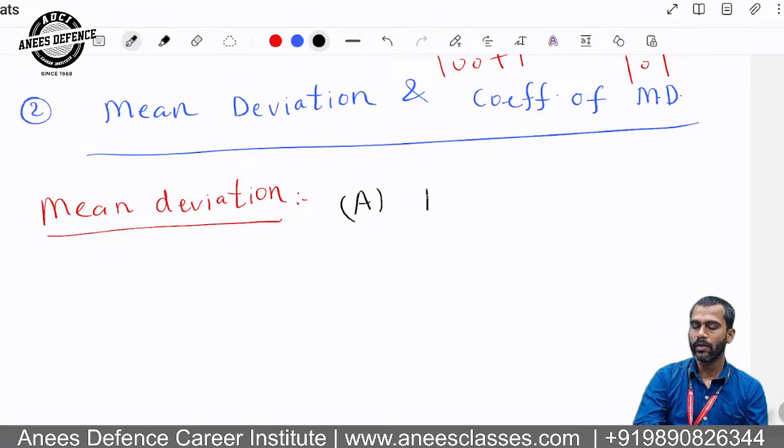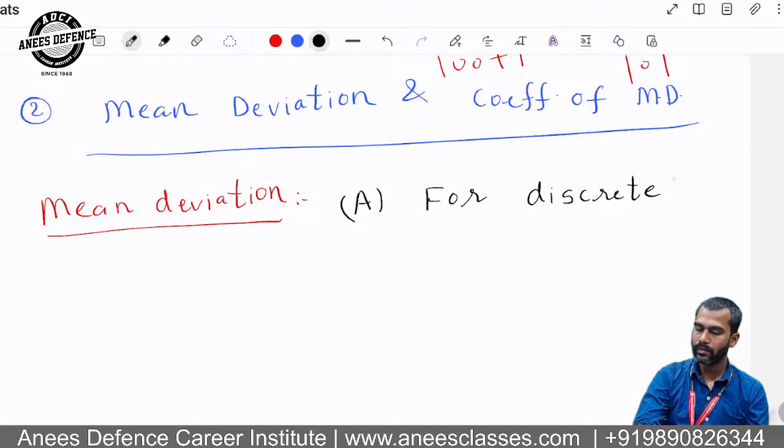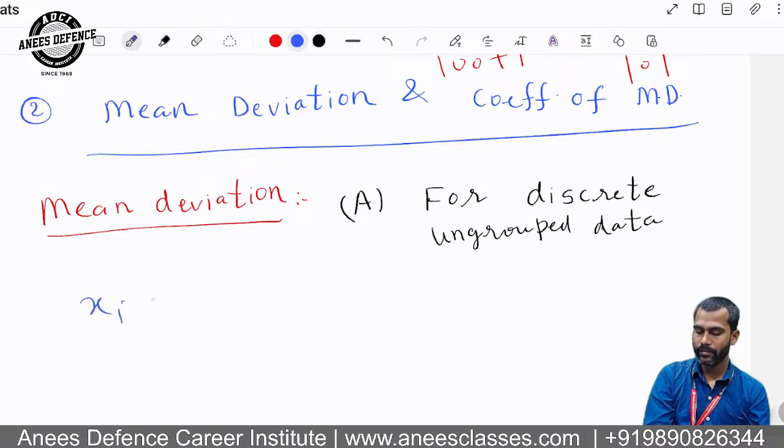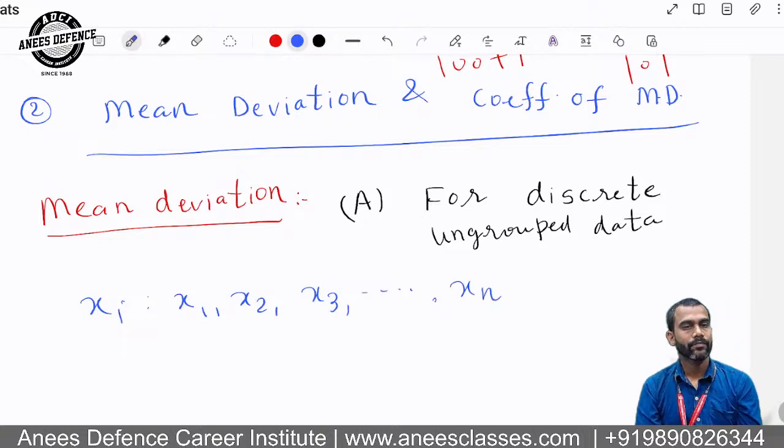Just write it down: for discrete ungrouped data, no frequency. So observation will be something like this: xi, x1, x2, x3, so on till xn. Right? Now we need to find out mean.